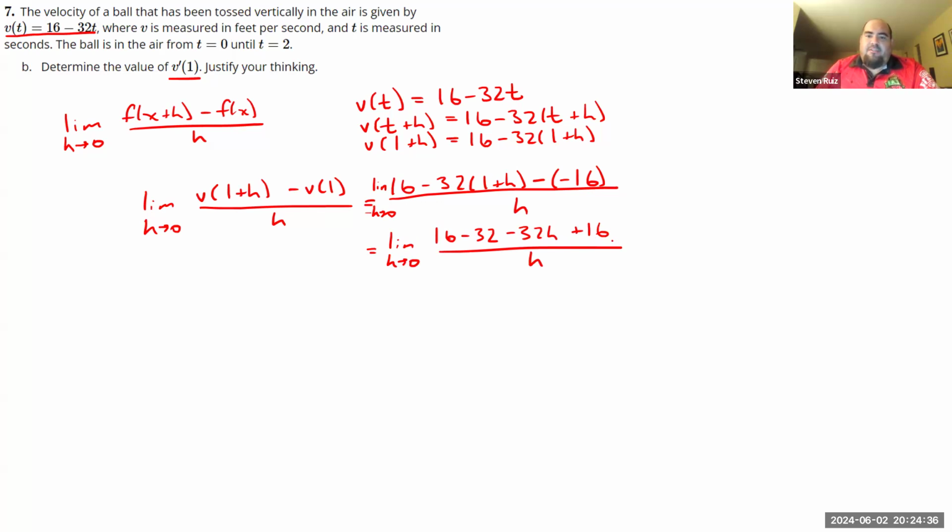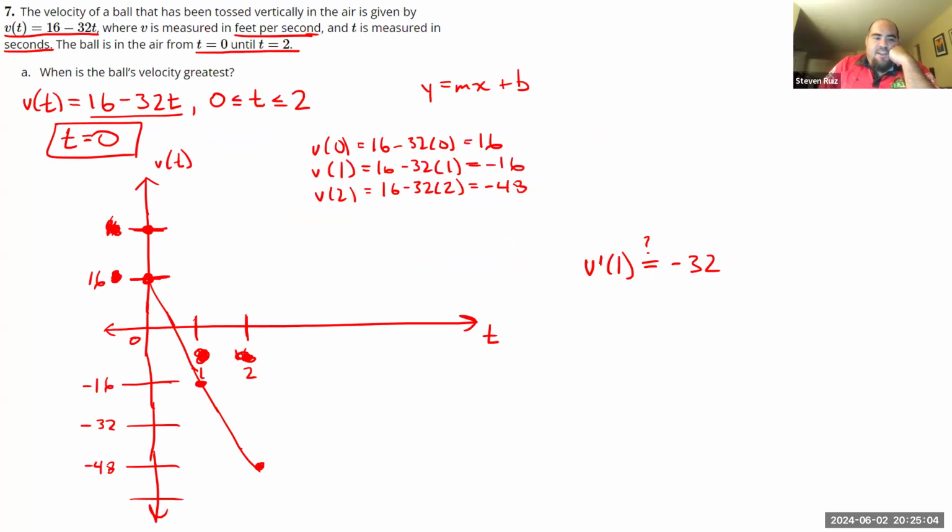It looks like all of our terms that don't include h cancel: 16 plus 16 minus 32 is 0. So I get the limit as h approaches 0 of negative 32h over h. The h's cancel. So what does that limit become? Negative 32.